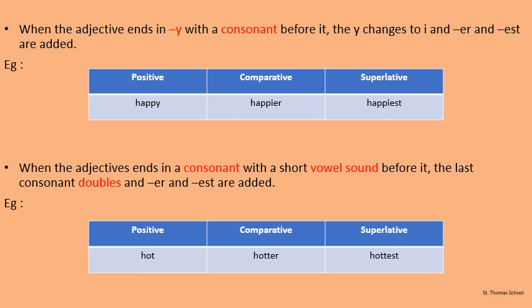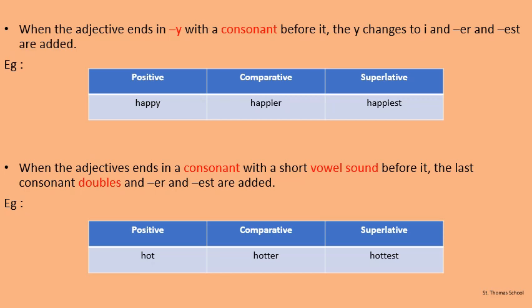So it becomes happier. For the superlative degree, HAPP, we remove Y, add I, and then EST. So happiest. Got it?